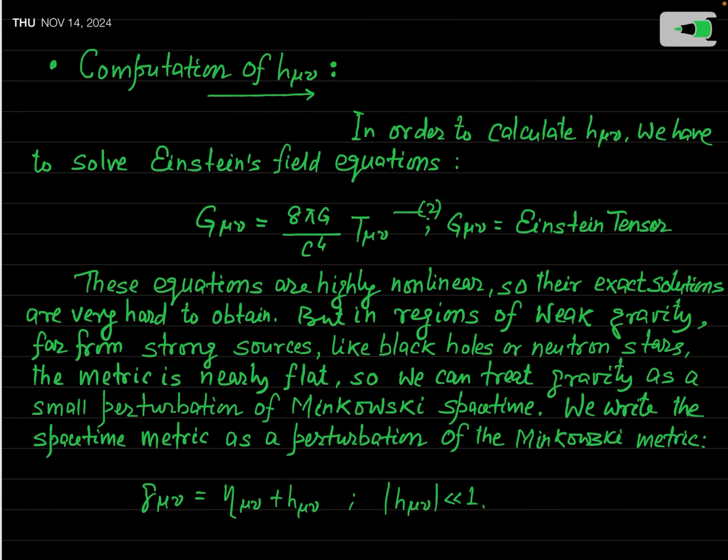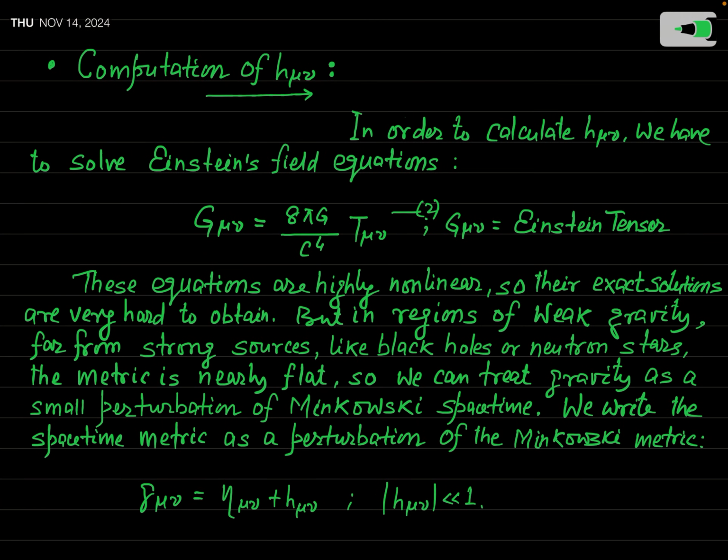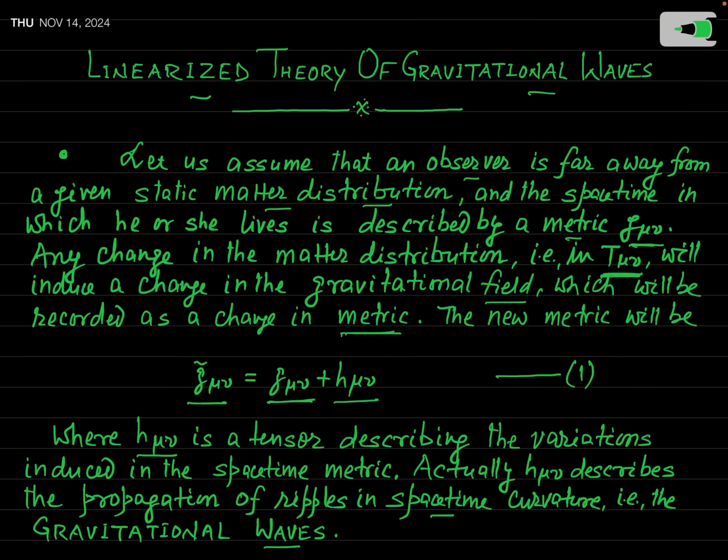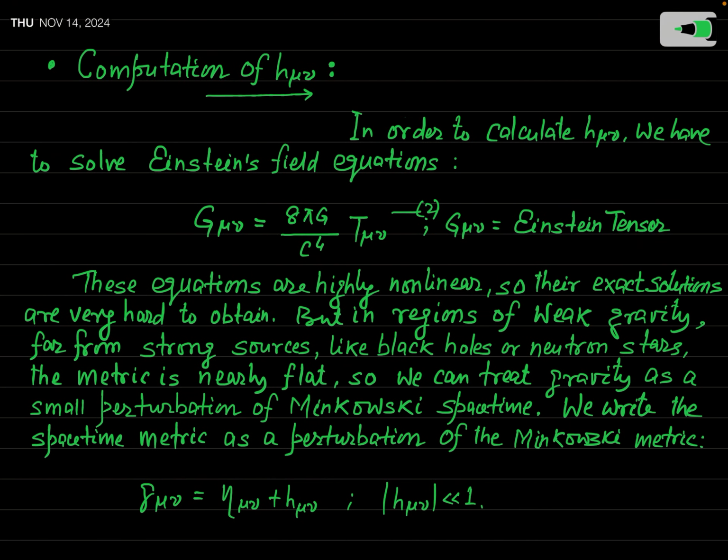And the basic equation which will be utilized to find the gravitational wave is Einstein's field equation. And this tensor h mu nu, as I have told you, can be used to describe the gravitational waves. So first of all, we are going to calculate or compute this h mu nu.